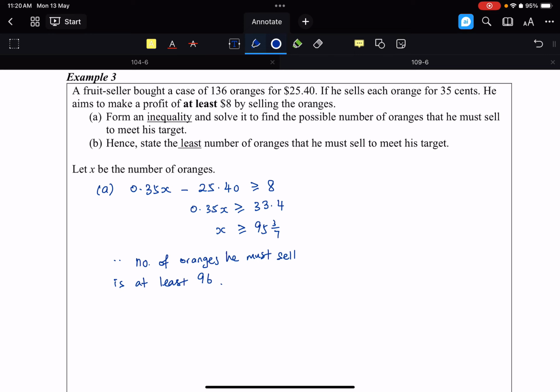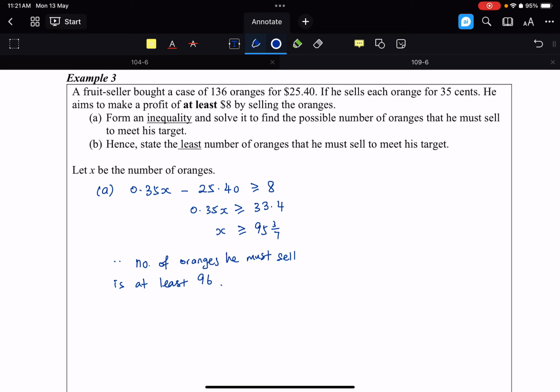Part B, hence state the least number you must sell, right? So part B, least number of oranges. Okay, fine. Let's rewind a little bit, because what I did was to actually answer part B in part A. So this is actually the answer for part B, right?